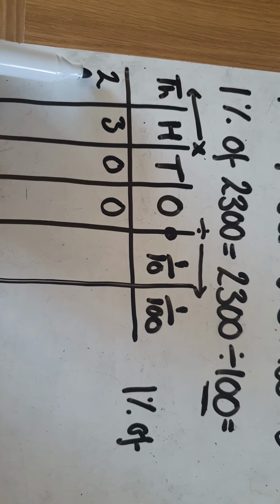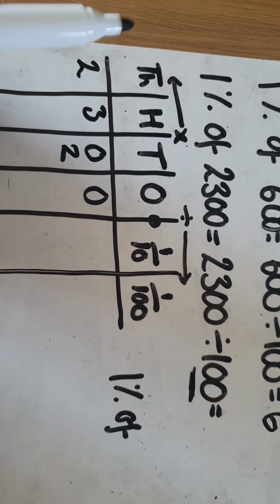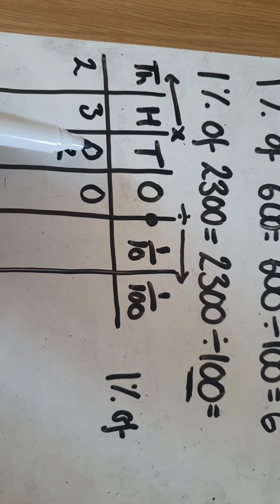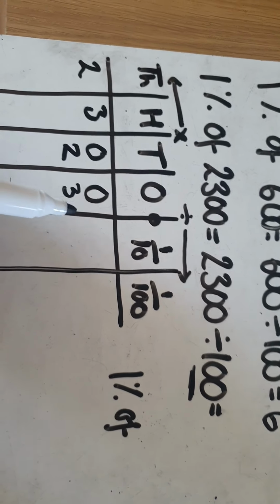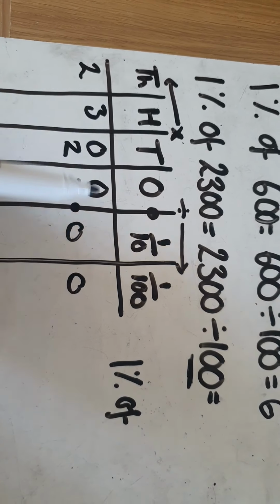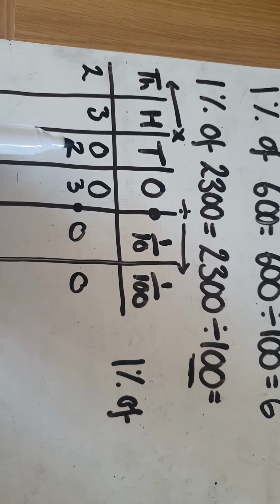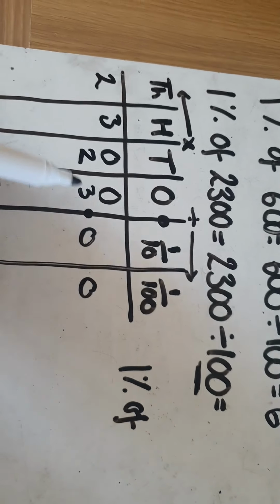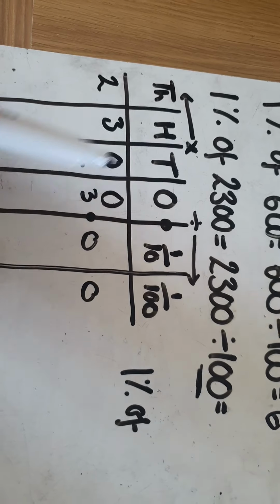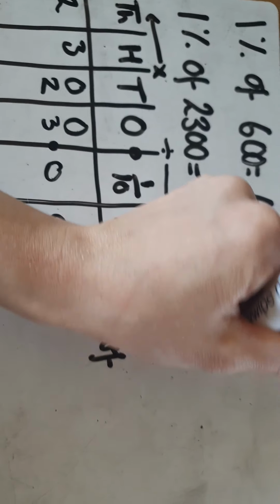So I'm going to move my 2 from my thousands into my hundreds into my tens place. And I move my 3 from my hundreds into my tens into my ones place. As I said previously, some children like to put in the decimal numbers as well, so the number reads the same, the digit order stays the same. 2300, 2300. They can write the number as 23, 2 tens, 3 ones, or 23.00. I'm happy with either.